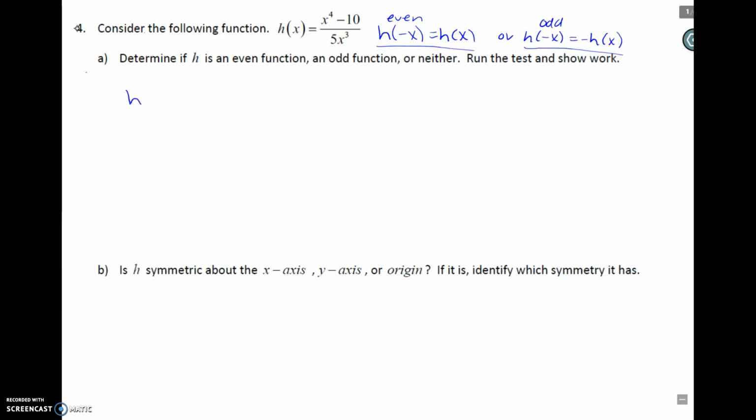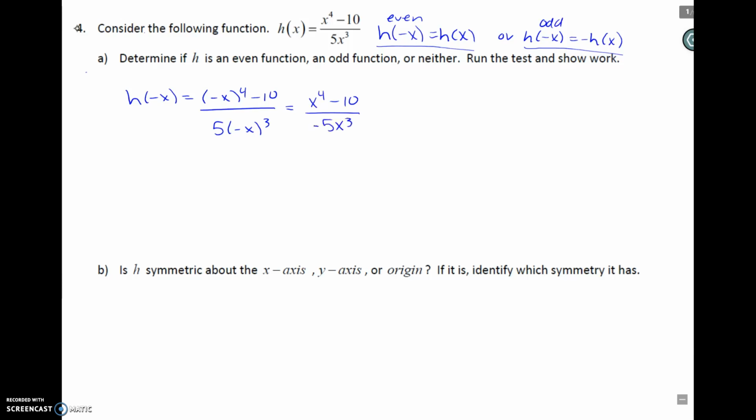So on this one we have h of negative x equals (negative x to the fourth minus 10) over 5 times negative x cubed. Simplify it down. Negative x to the fourth is just x to the fourth, minus 10, over negative 5x cubed.